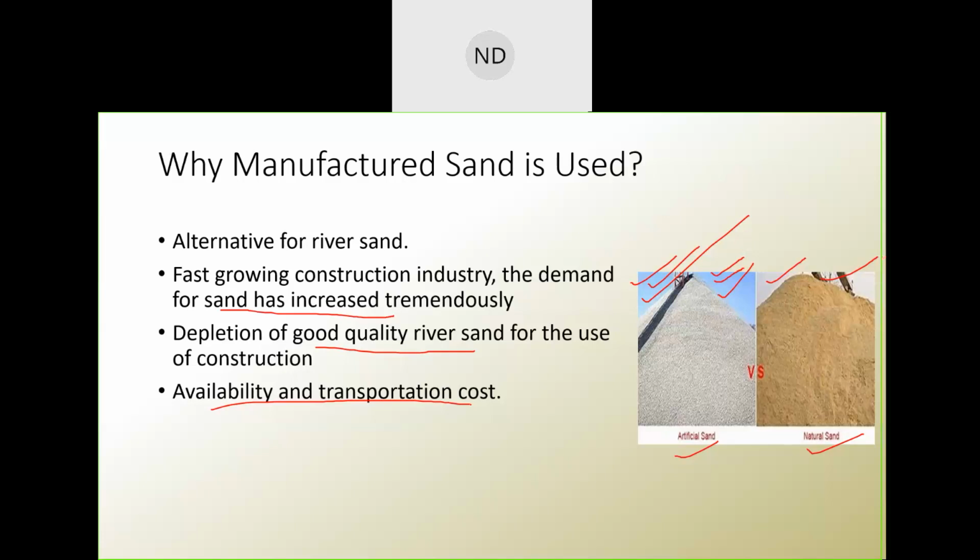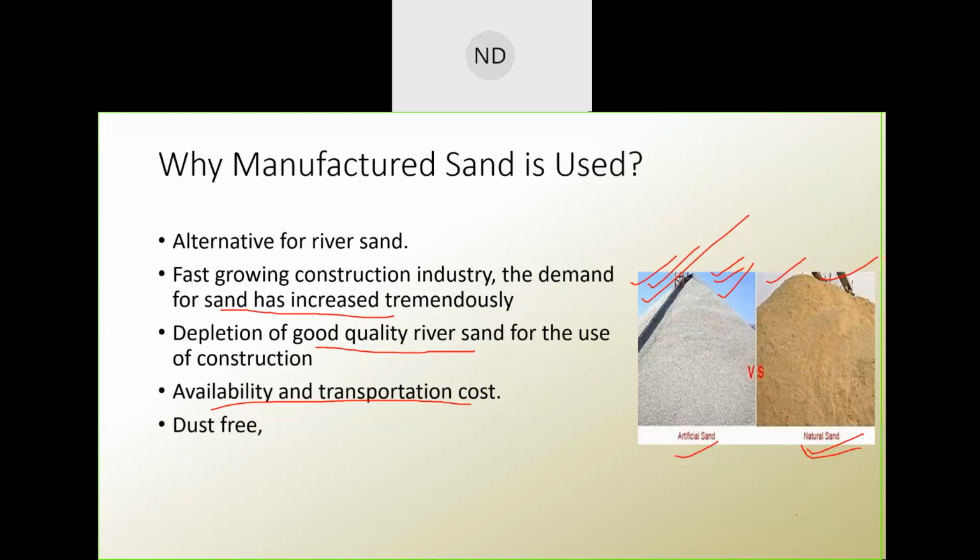You will also need more workers and laborers to help in extracting the natural sand. So the transportation cost becomes more for you.